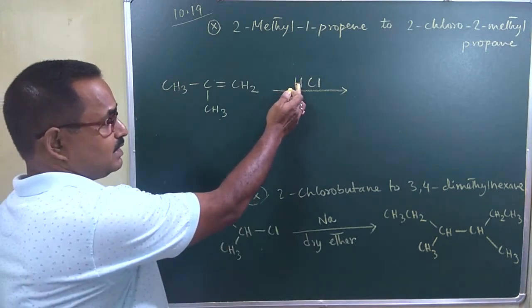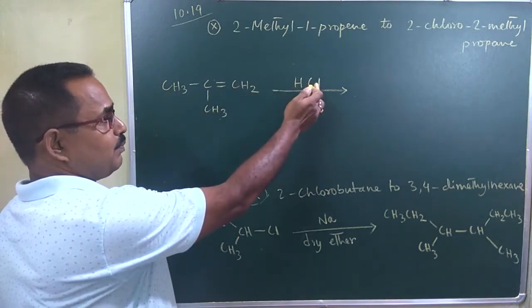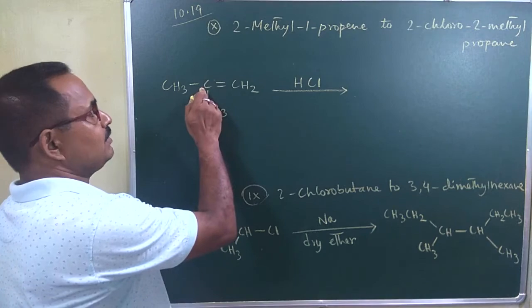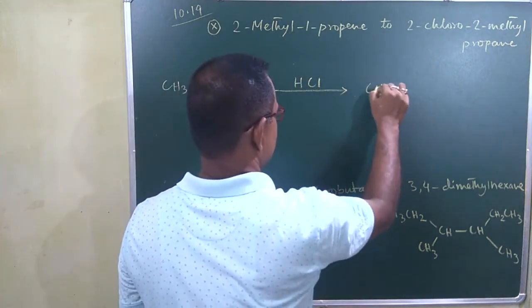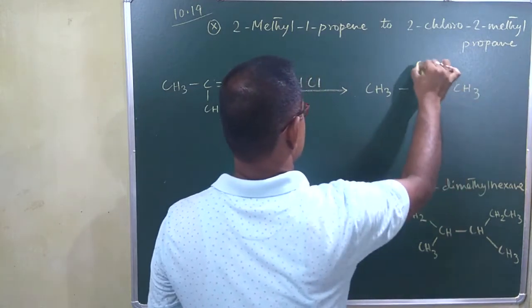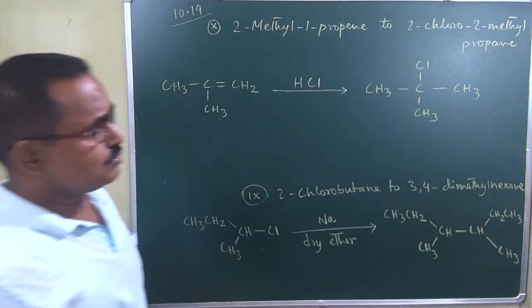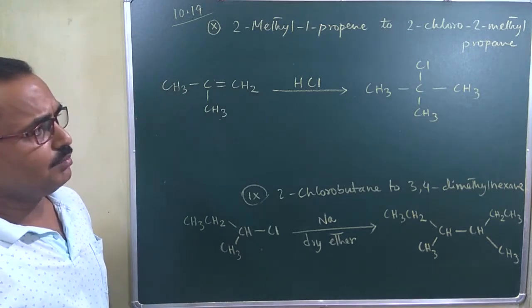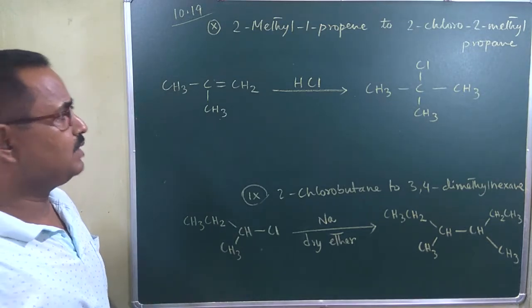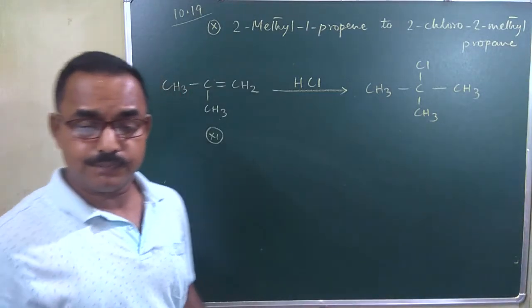The positive part of the reagent, H, will add to this carbon. The negative part, Cl, will add to this carbon. So this will give you (CH3)3CCl. This is 2-chloro-2-methylpropane. Okay. Come to the next.